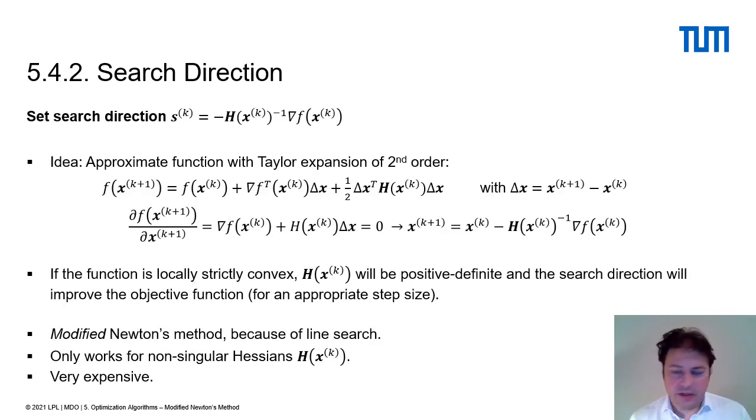When you approximate the value of the objective function at the next iteration step using Taylor expansion, you come up with this expression.